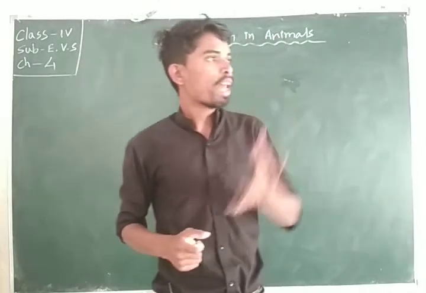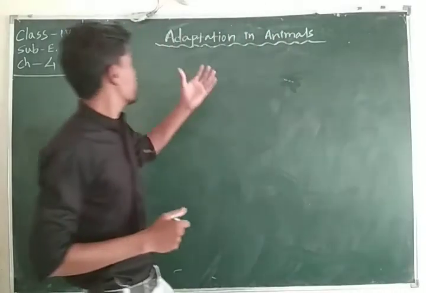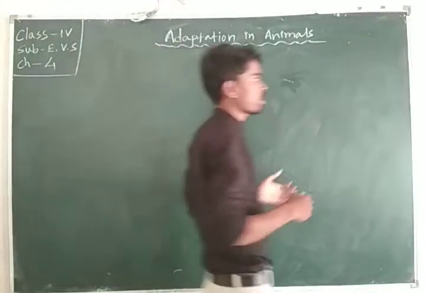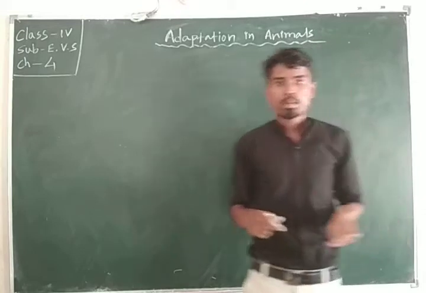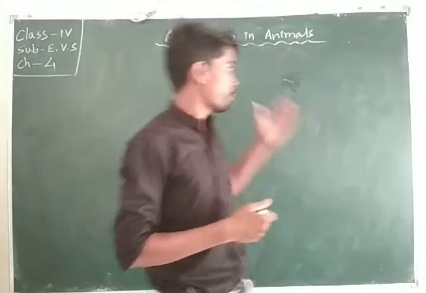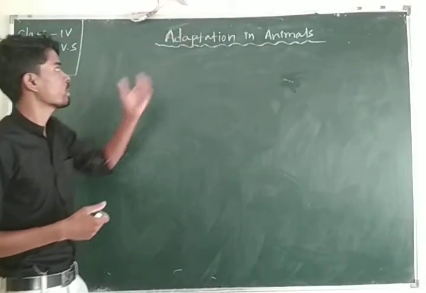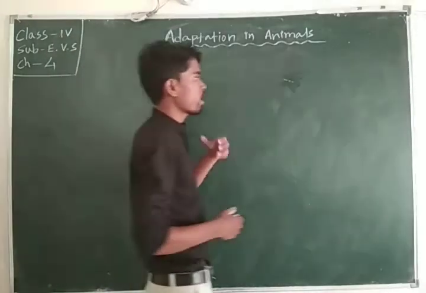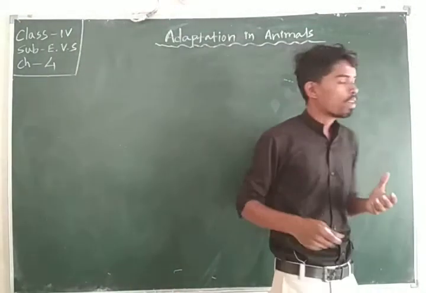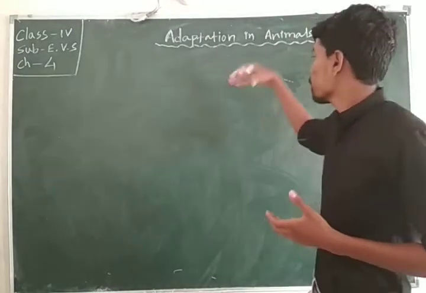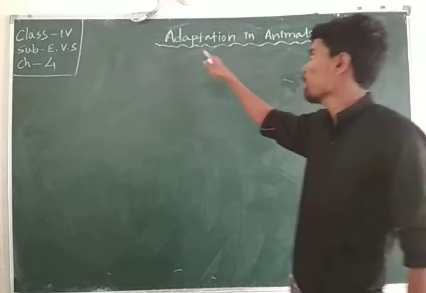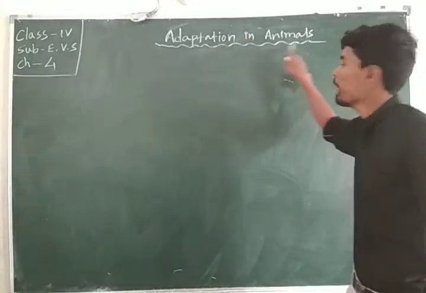We already learned about adaptation. It is the process of adjustment to a particular place. We already learned about adaptation in plants, but now we come to adaptation in animals.